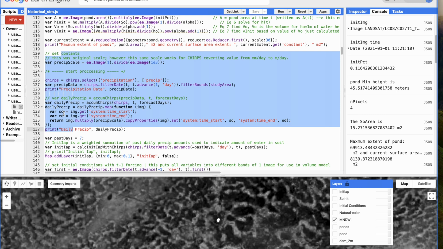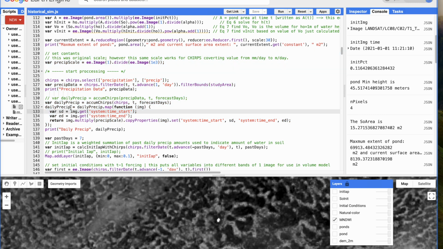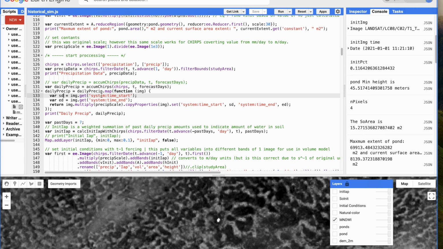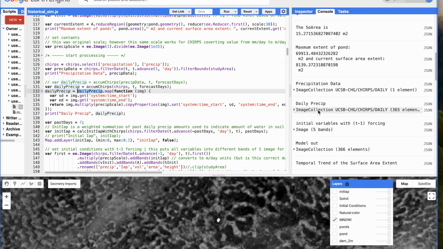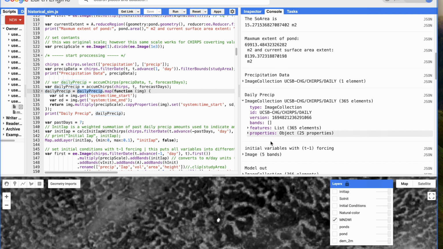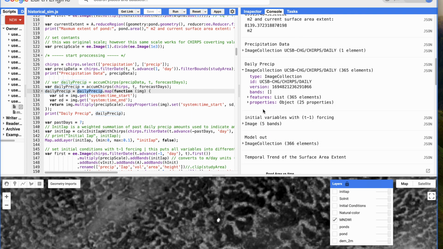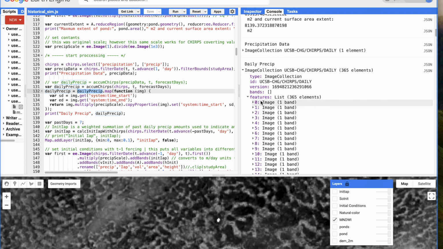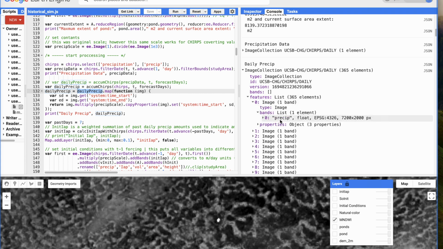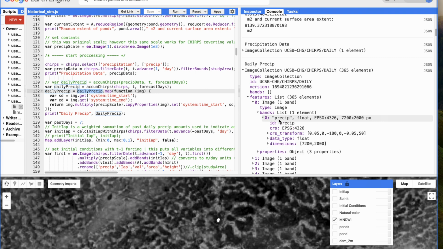So in this case, it's getting those daily values provided by the CHIRPS data and then multiplying it with our precipitation scale to get the daily precip value. And since it's doing a mapping function over the entire precipitation value, at the end you get an image collection with all the daily accumulated values per day in this band, which is called precip here.